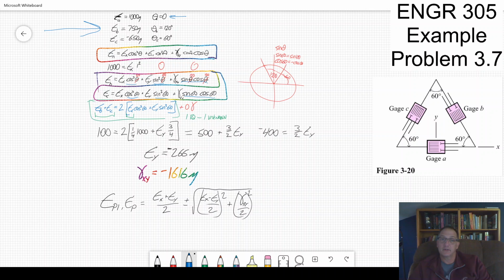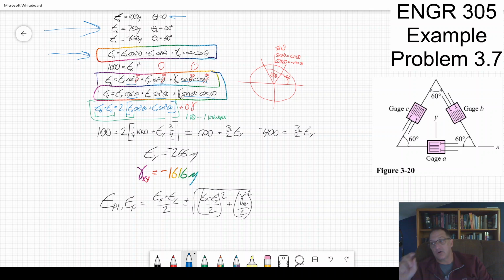We plugged them into that equation 3 times. By doing that, we got 3 equations with our 3 unknowns: strain in the X, strain in the Y, and the shear strain. And we knew the strain in the N direction and the angle for each of 3 different cases. One of them was a dead giveaway, the strain in the X direction, because our A strain gauge and our X axis were aligned with each other. So that made that dead simple.